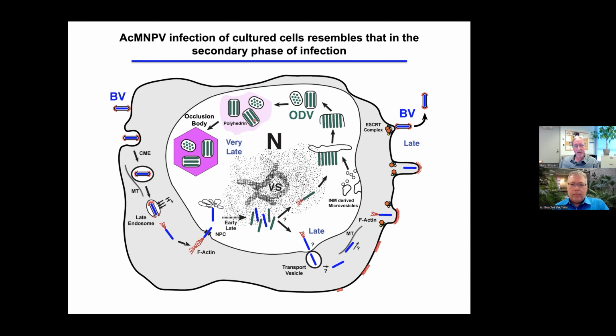And there's a massive amount of this occlusion body protein polyhedrin that's made. And this is actually the basis of the expression vector system that's used in biotechnology very widely. So this virus is very easy to engineer. And so one can replace the polyhedrin gene with a gene that makes the protein that you would like, for example, a vaccine protein or a therapeutic or that sort of thing.